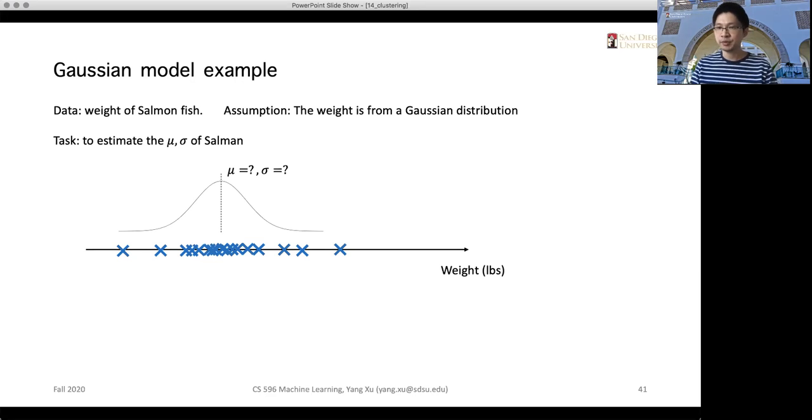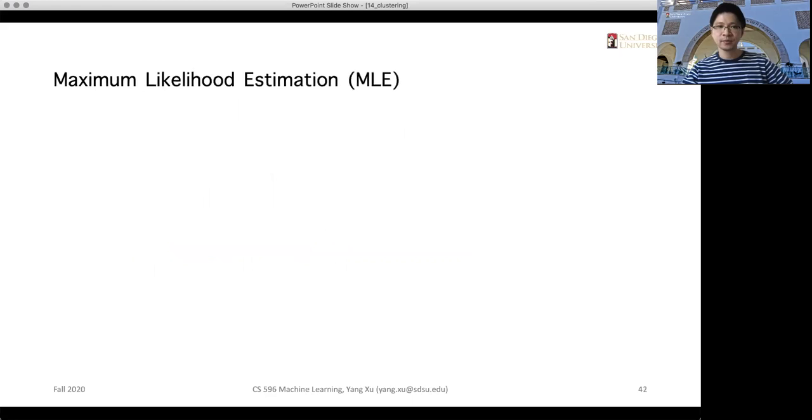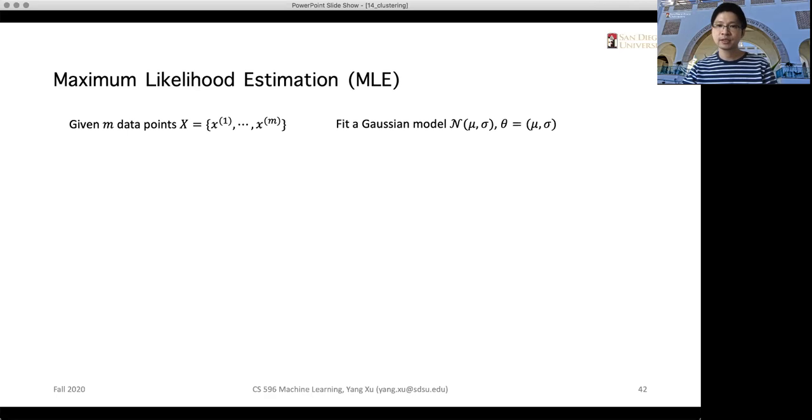What should be the central point, and what shape should it be, so that the PDF function best fits the data? Let's do this with maximum likelihood estimation. Given all the data points, we need to fit a Gaussian model. So take one data point out, which is xi.